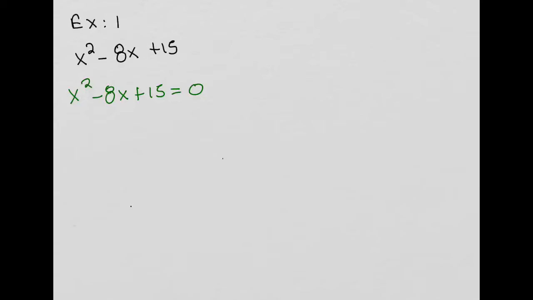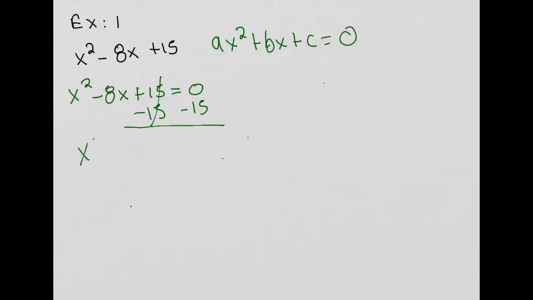If I follow my steps, it says to subtract the c term. So 15 is the c term, so I'm going to subtract that. So then I have x squared minus 8x equals negative 15.